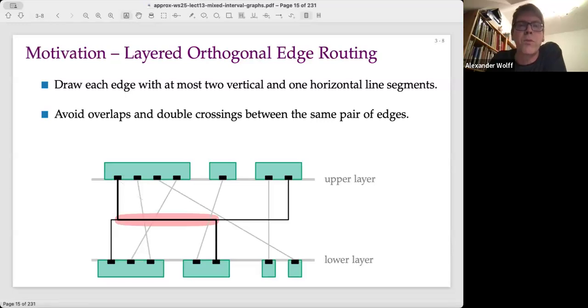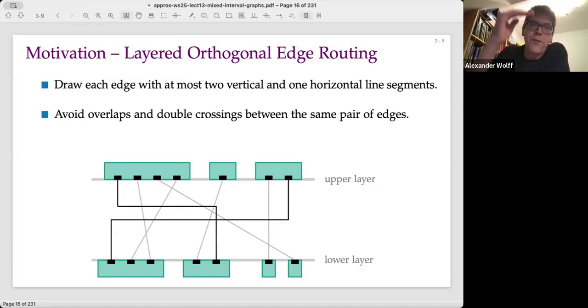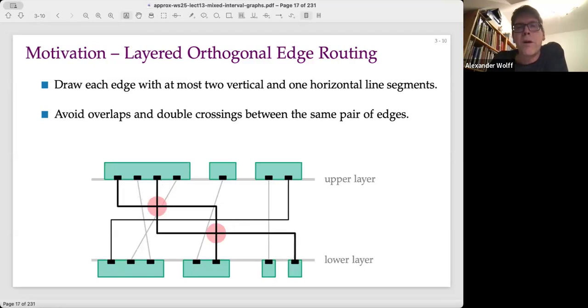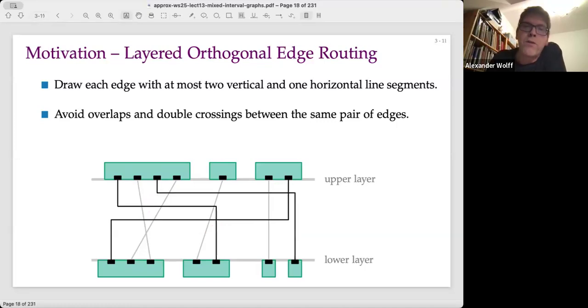So, for example, this would be an overlap, which we want to avoid. Instead, if we lift this middle horizontal part, then it looks okay. But if we draw that edge in such a way, then we get a double crossing, which we also don't like. So we would be forced to again lift the middle part above. And now the drawing of these three edges fulfills our requirements.